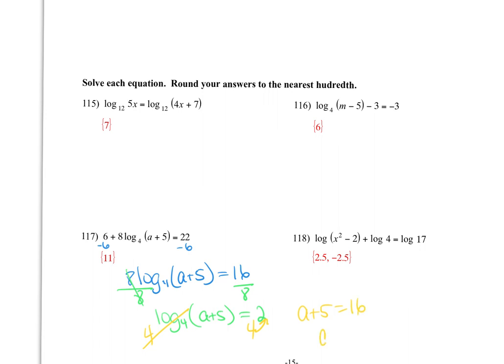That's 16. That's how we get A equals 11. All right? So you do have to condense and get logs by itself before you can get rid of the log. You cannot say, oh, log, we're going to raise everything to the 10th power here. You can't do that. You're going to get the wrong answer. You cannot raise everything when you have multiple logs. Get condensed first and then do it.